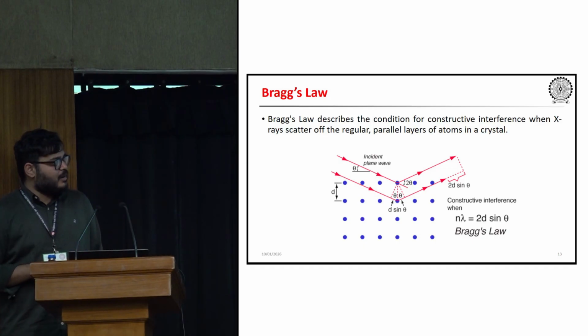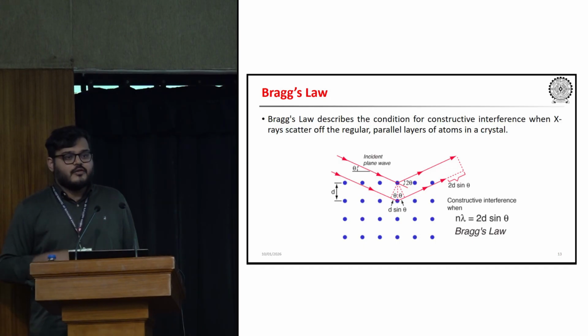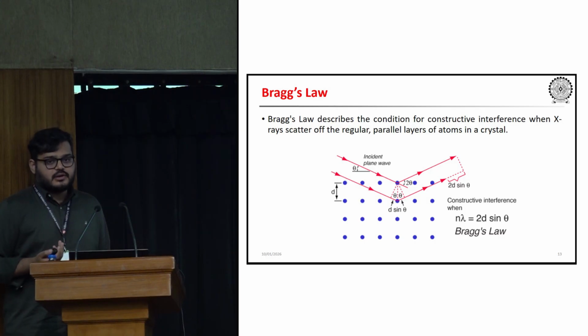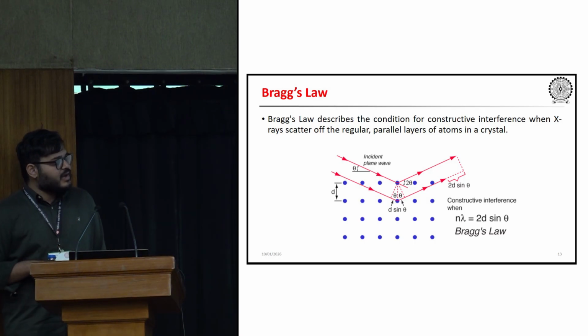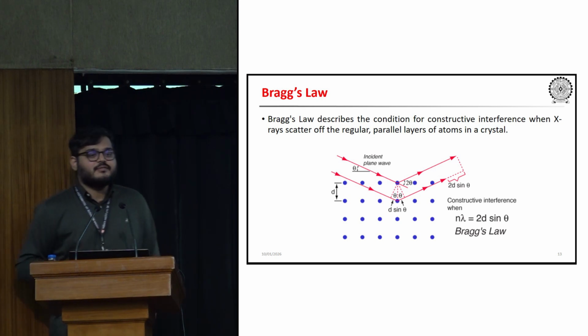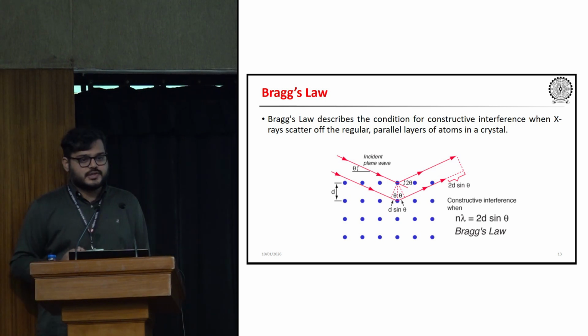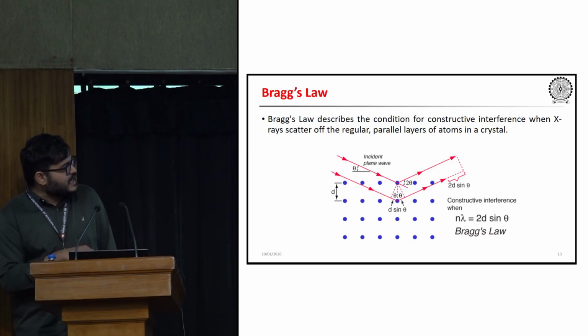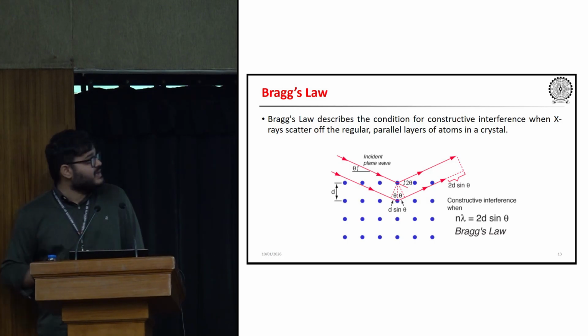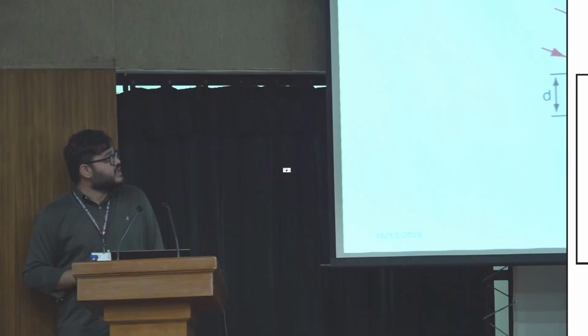That is n lambda equals 2d sine theta, where n is the order of reflection, the first order reflection, second order reflection, etc. Lambda is the characteristic wavelength of the X-ray you are using; for copper, it is 1.54 Angstrom. d is the interplanar spacing, and theta is the diffraction angle.